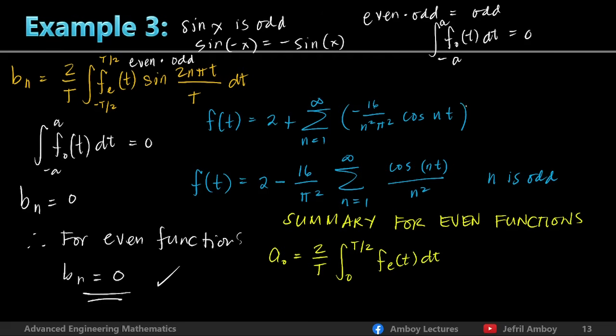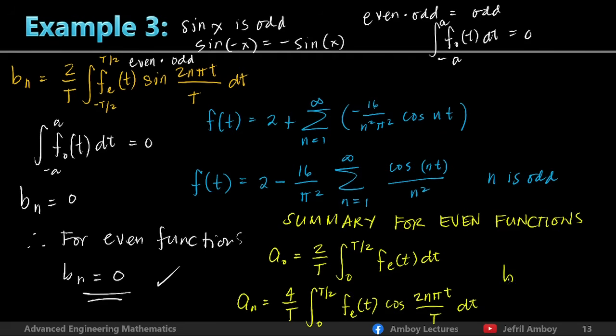Yan. Okay. Next, for An, remember that yung 2 over T ay magiging 4 over T na. Tapos, i-integrate mo yan from 0 to T over 2 ulit, times integral pala ng f of t times cosine 2n pi t over capital letter T dt.